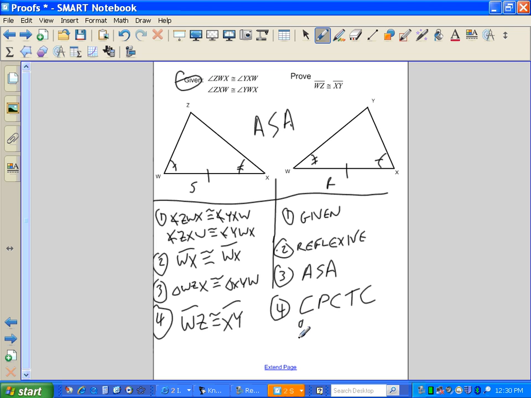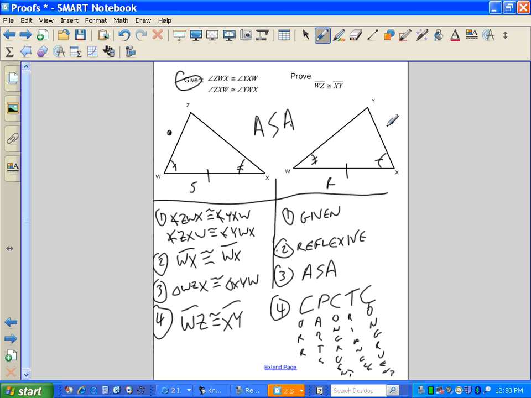And what it means is that corresponding parts, and I can't fit corresponding, but I can fit parts of congruent triangles are congruent.